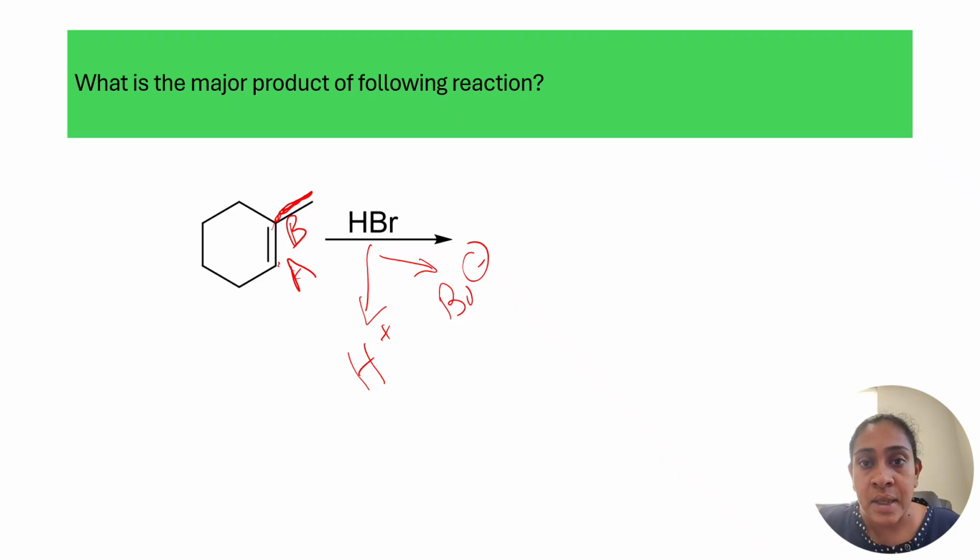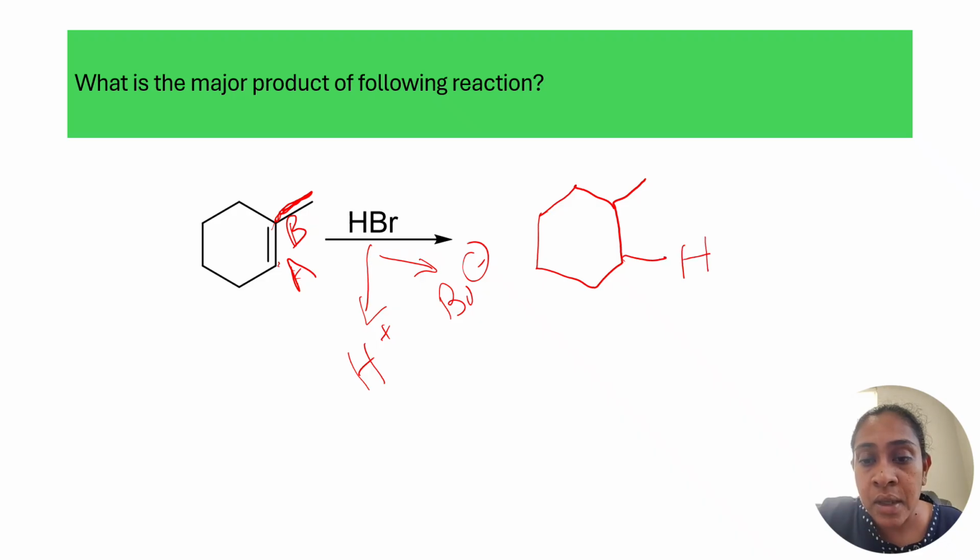So now let's see how we can draw the product. When we try to predict the product, first we draw the rest of the molecule as it is. And then H+ should add to the sp2 carbon that is less substituted.